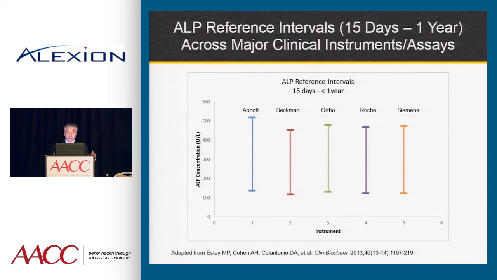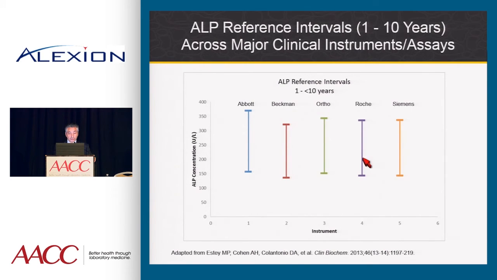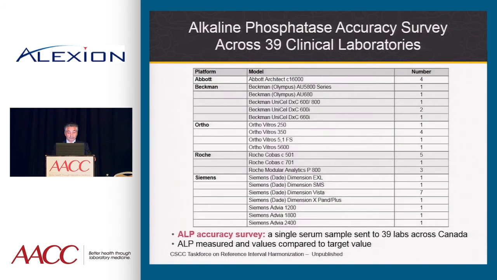But unfortunately, many labs feel that because I use this instrument, I can't change or update my reference interval. But the reality is that there are actually very good comparisons when you look at different instruments. This is for the 1 to 10-year-olds. Again, very closely associated levels. This has been published, by the way, a couple of years ago.